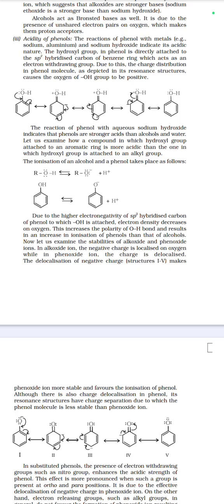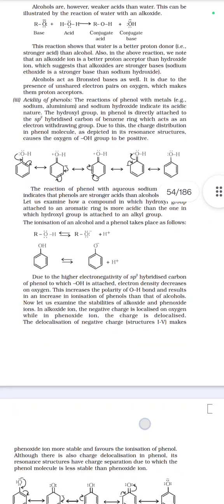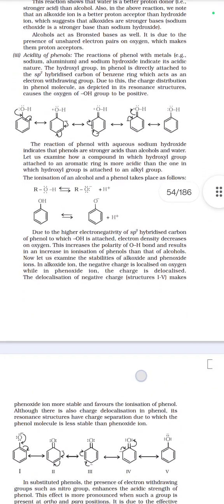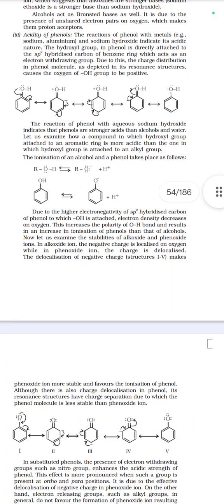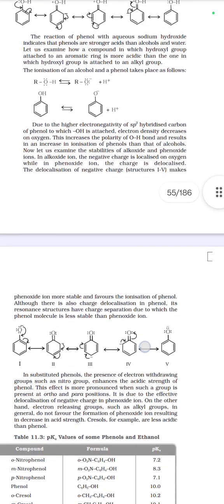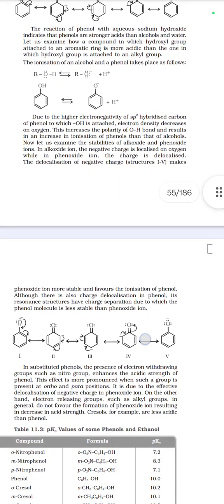Now let us examine the stabilization of alkoxide and phenoxide ions. In an alkoxide ion, the negative charge is localized on oxygen, while in a phenoxide ion the charge is delocalized.